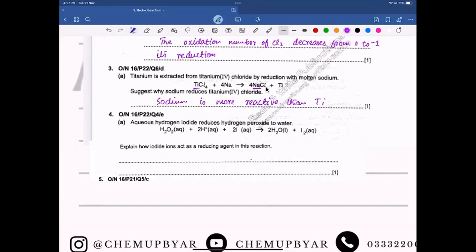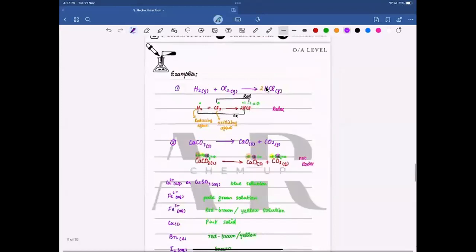Yes, explain how iodide acts as a reducing agent. So if it's a reducing agent, then it means what is itself undergoing? Oxidation. It itself undergoes oxidation. That's what we have discussed. You can check in the notes.